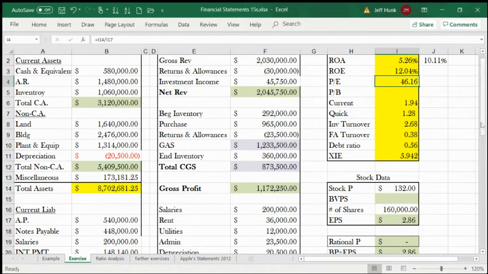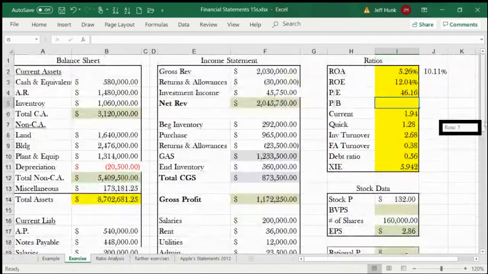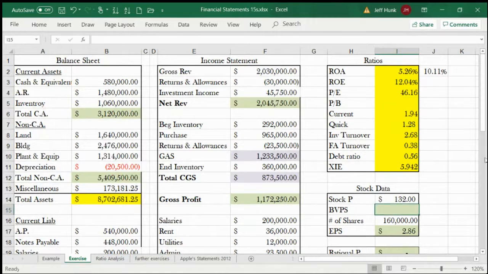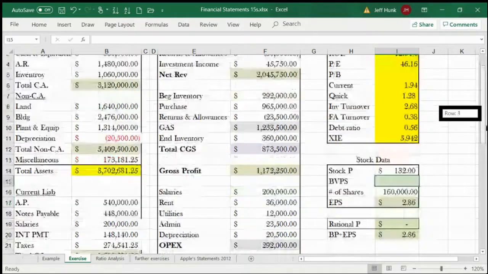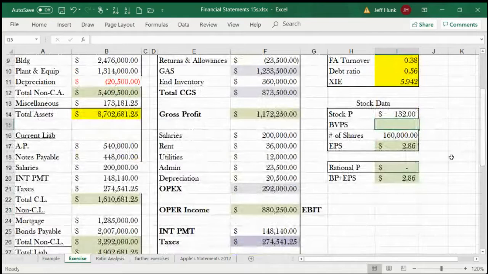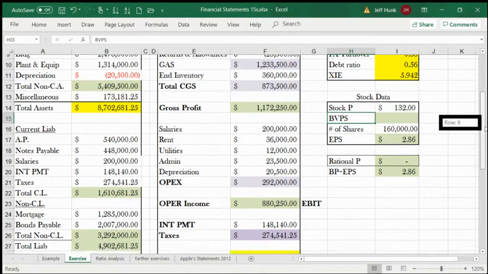Now, the market price to book value ratio. So the next question is, we know what market price is, it's given. What's the book value per share? Now, let's say this is the book value per share at time 1, because we have the income statement.